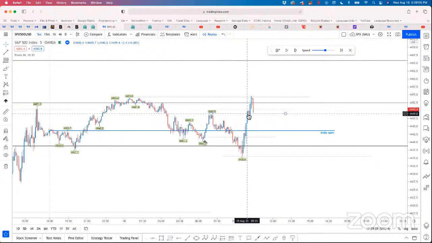This is where I initially got us into the trade. I thought that we would hold this high or this high, right? And as we didn't get a retest on this, at worst case, I thought we would sell from here and retest here to go up for the buy.